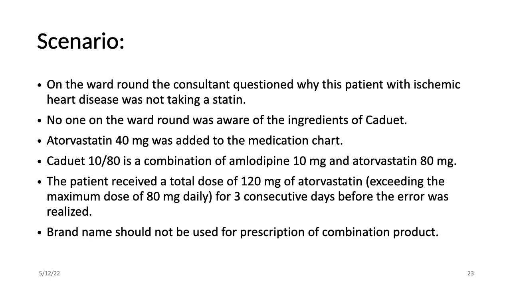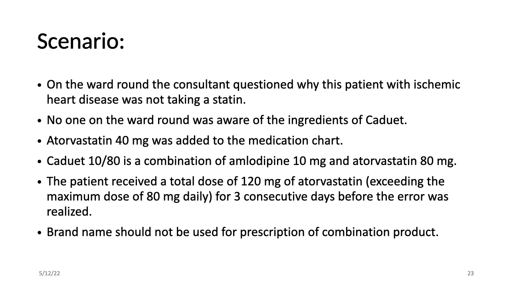Case study. During the ward round, the consultant questioned why this patient with ischemic heart disease was not taking statins. No one in the ward round was aware that the medication Caduet is a combination of amlodipine 10 mg and atorvastatin 80 mg. The patient was prescribed atorvastatin 40 milligrams in addition to what she had been taking.